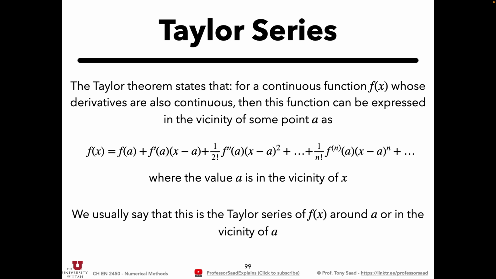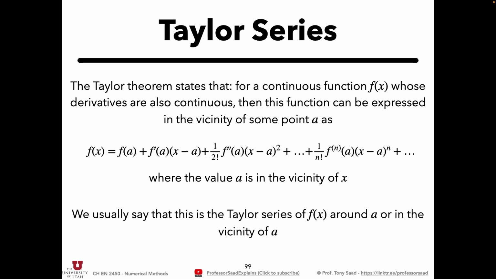So this is the statement of the theorem: the value of the function at this new point x is based on the value of the function at a, its derivative at a, its second derivative, and so on. This is an exact mathematical expression.